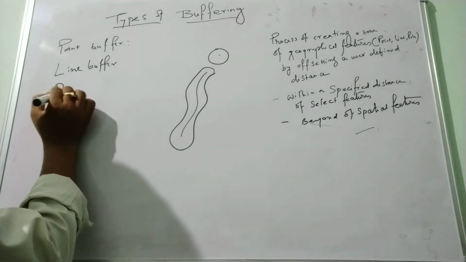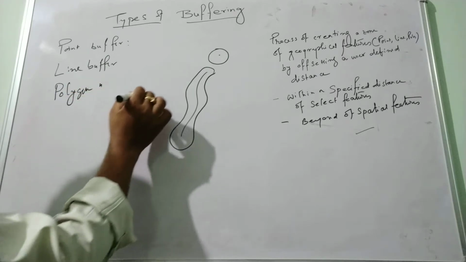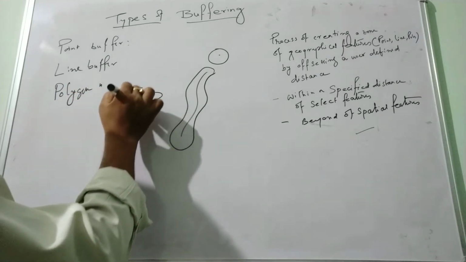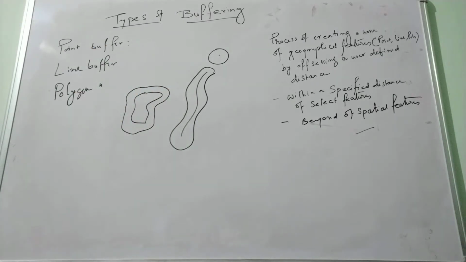Polygon buffer: when the buffer is created for polygon features. So these are the three major buffers that we use in GIS analysis.